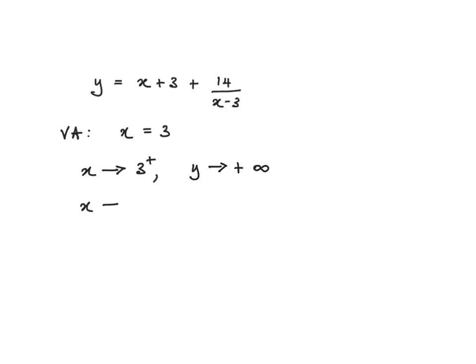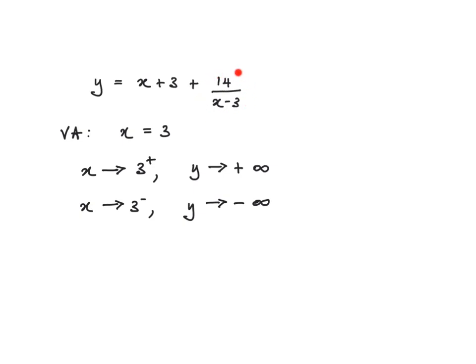And when x tends to 3 from the left, y will tend to, well, it's going to be negative infinity. Let's just check that. So 2.9, say, 2.9 take away 3 is a small negative value. So 14 divided by a very, very small negative value gives us a very large negative value.